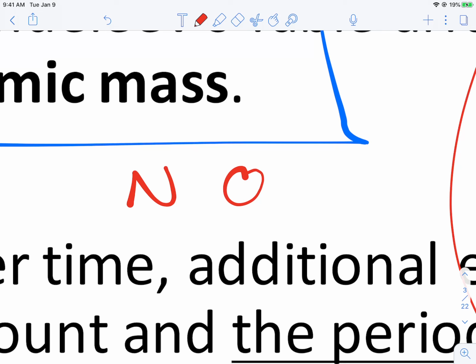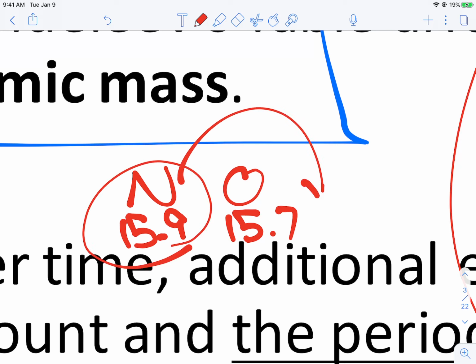We had less information. So back then, we might have thought that nitrogen had a higher atomic mass than oxygen. Maybe back then we thought oxygen was like 15.7 and nitrogen might have been 15.9, which would put it over here. Now, this specific example is not entirely accurate with these two elements. I'm just giving a hypothetical situation.